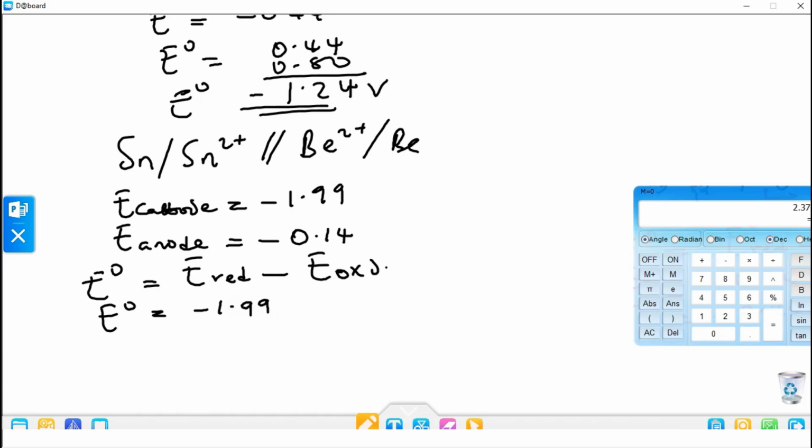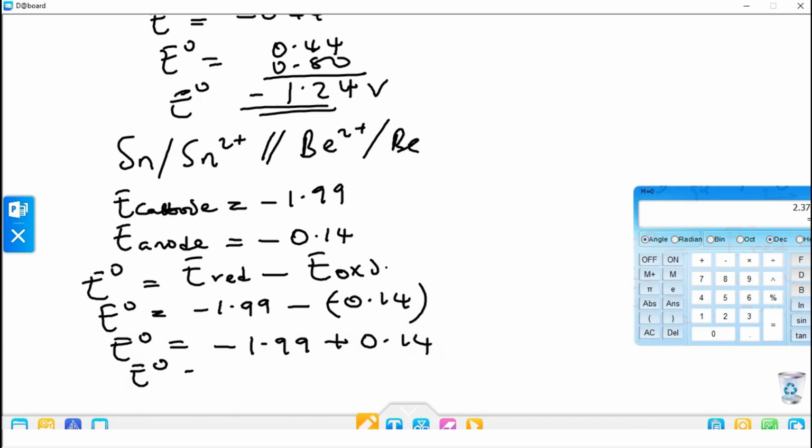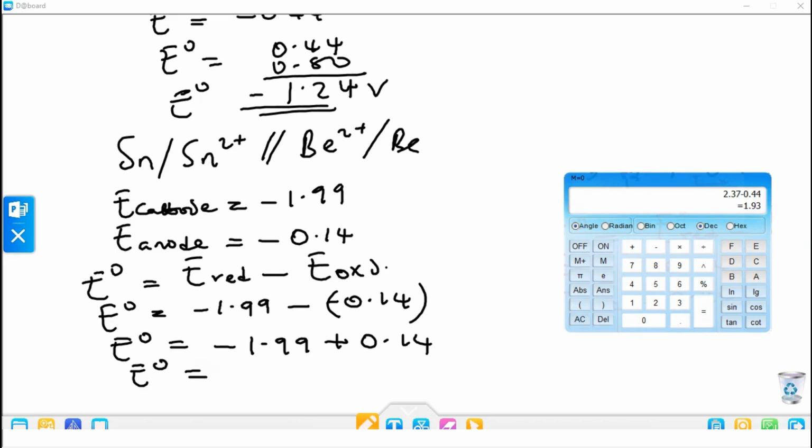And then minus E oxidation. Oxidation takes place at the anode, so this will be minus 0.14. So E naught equals minus 1.99 plus 0.14, or we can say 0.14 minus 1.99. So it's still the same.